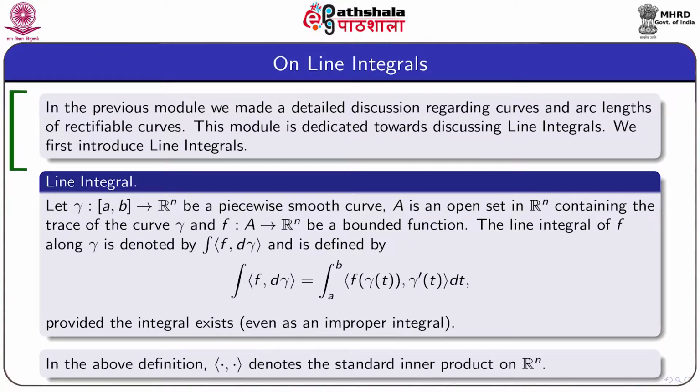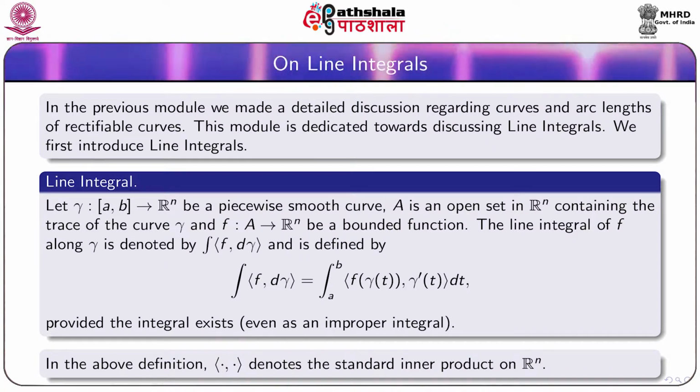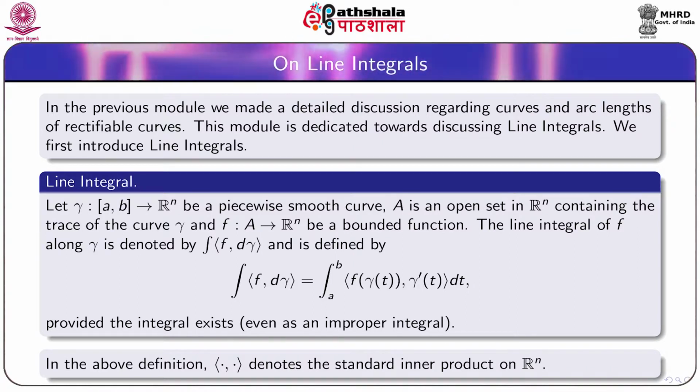First of all, we introduce line integrals. Line integral. Let gamma from [a, b] to Rn be a piecewise smooth curve. Capital A is an open set in Rn containing the trace of the curve gamma, and f from A to Rn be a bounded function.